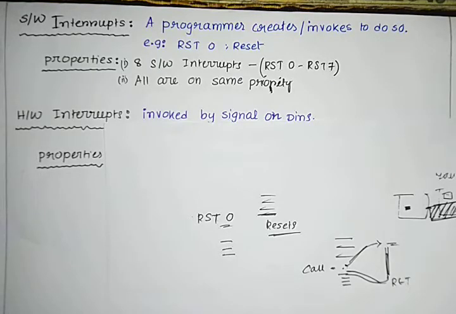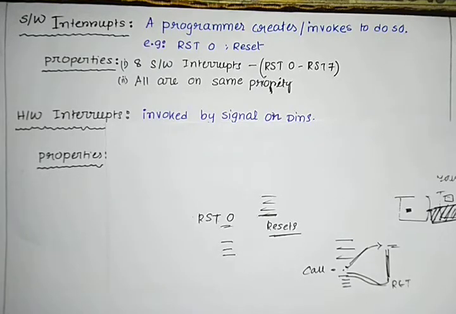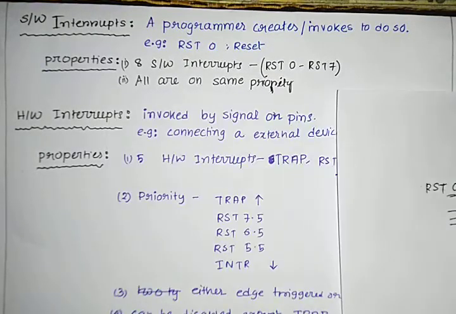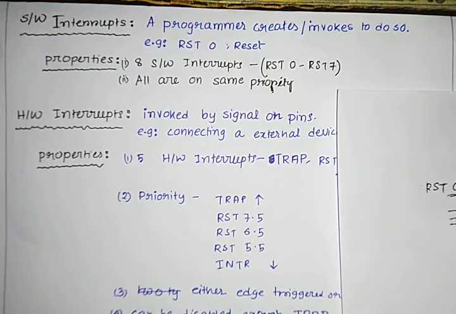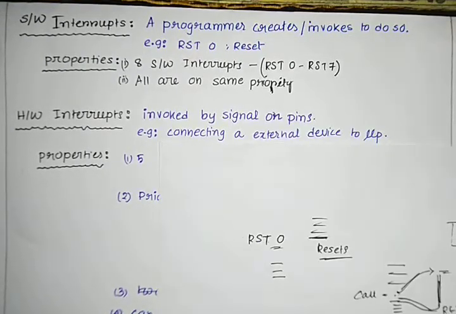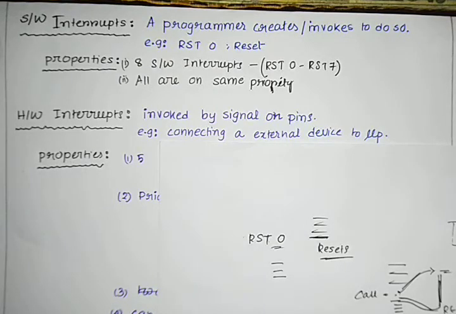Second is the hardware interrupt. This is the main topic of discussion in today's video. Hardware interrupts are, suppose when we are working on a PC, we connect external devices through ports, right? Suppose a printer, speaker, monitor, whatever you want.